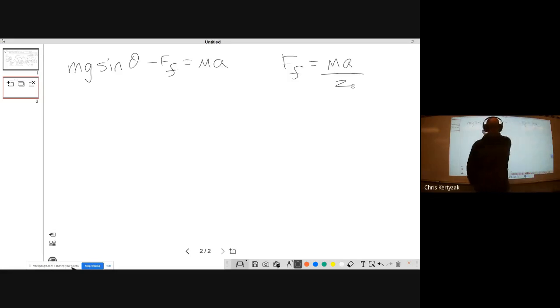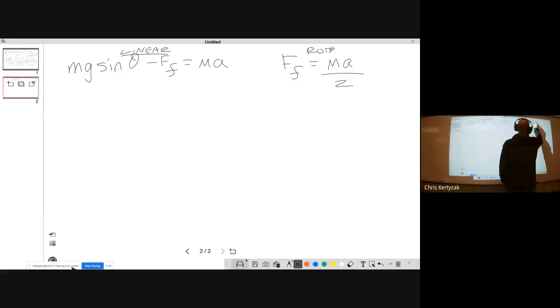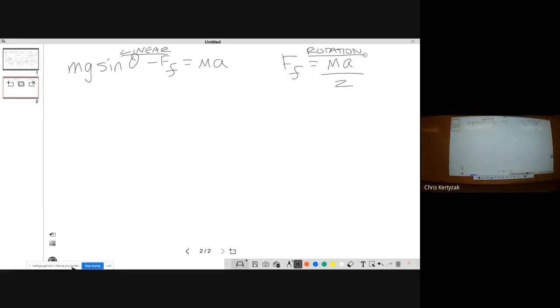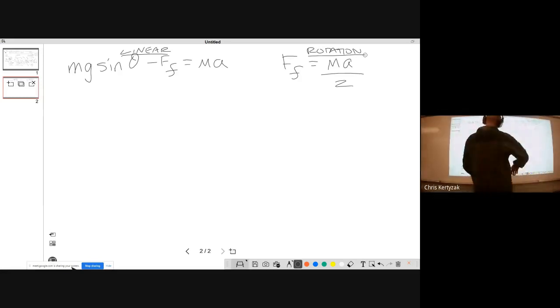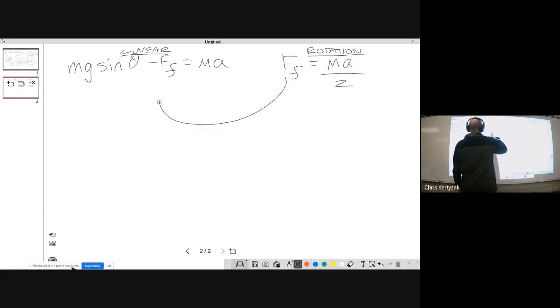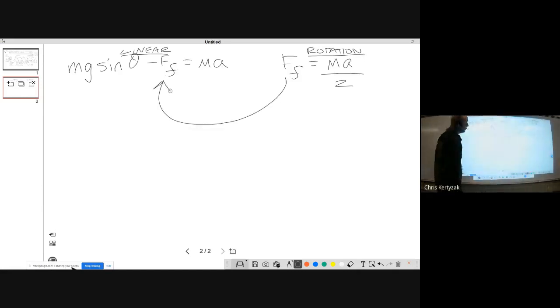I had this from the linear modeling that I was doing, and I have this from the rotation. Again, noticing that I started with something that was rotational, Newton's second law, and now I'm taking a piece of it that I know is connected between the two worlds, since the frictional force exists in both worlds technically, and I'm expressing that piece and sticking it into my other one here to ultimately remove the force of friction.